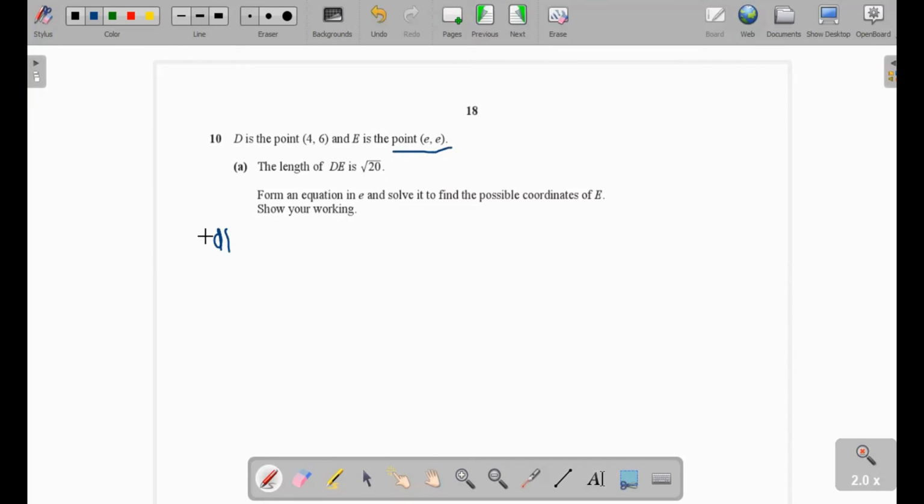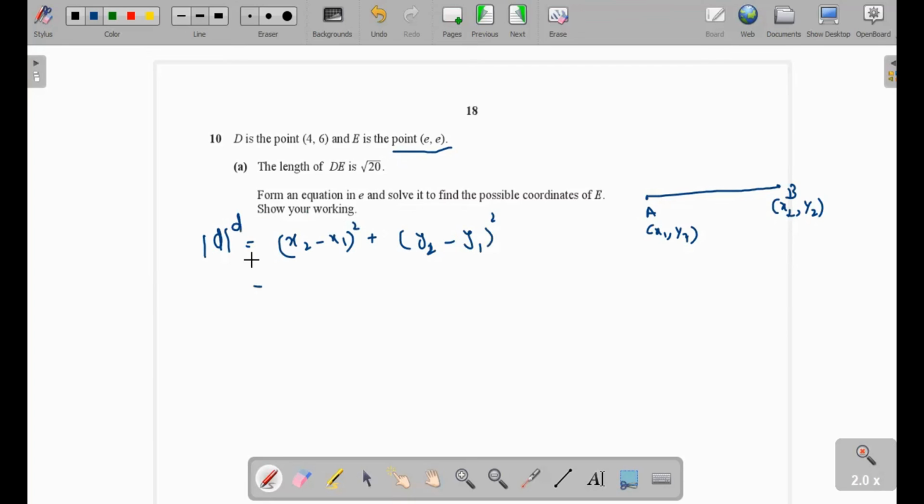In the distance formula, if there are 2 points given, A and B, this is x1, y1, and this is x2, y2, and the distance between the 2 points is the square root of (x2 minus x1) whole squared plus (y2 minus y1) whole squared, that is equal to d squared.